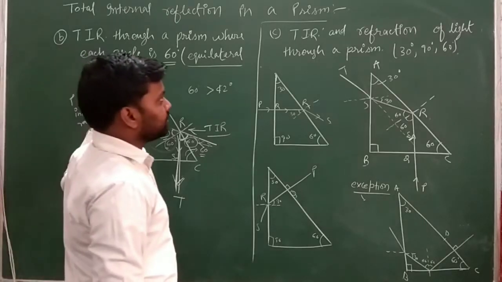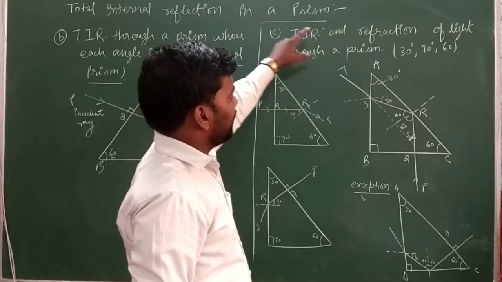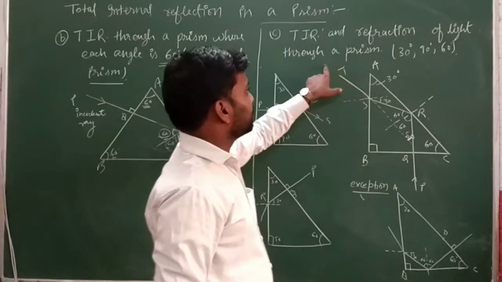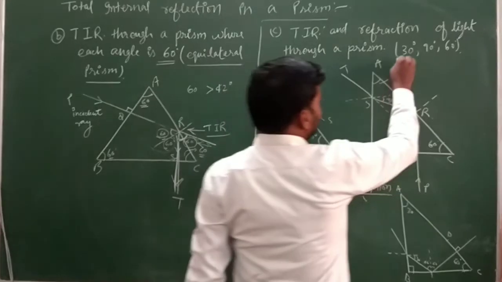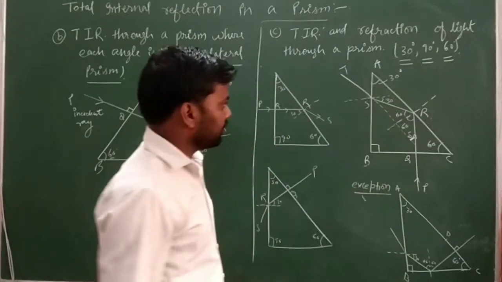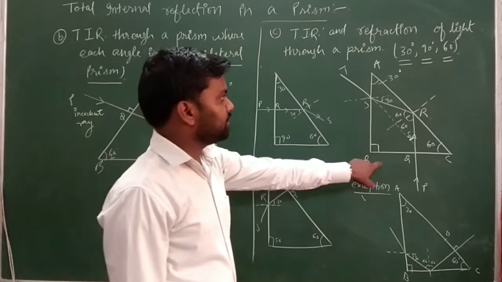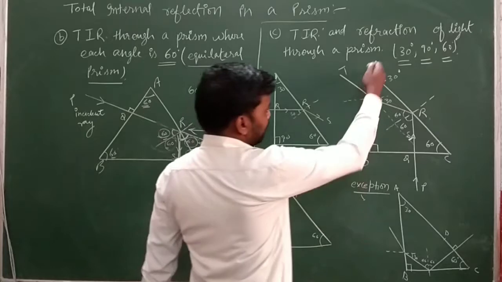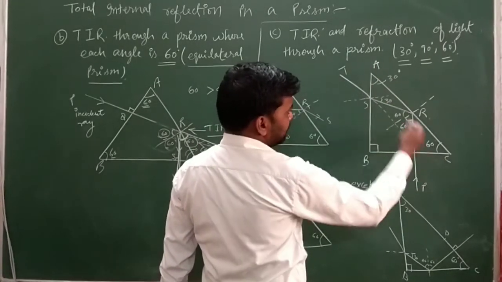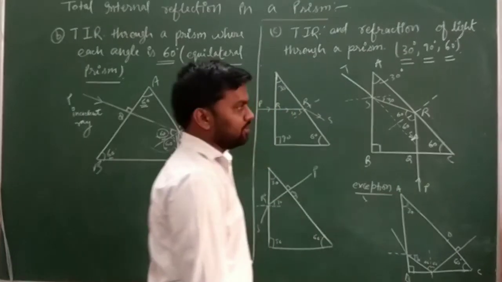Now we will see the case of total internal reflection and refraction of light through a prism having angles 30 degree, 90 degree and 60 degree. Okay students, so we will see here some cases. The first case is, we are taking this prism which is having 30 degree, 90 degree and 60 degree angles.